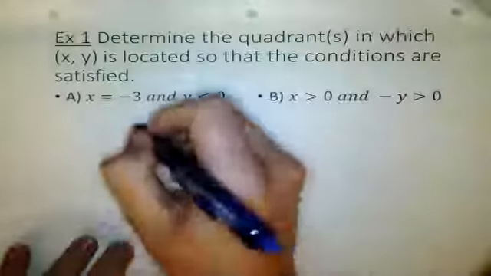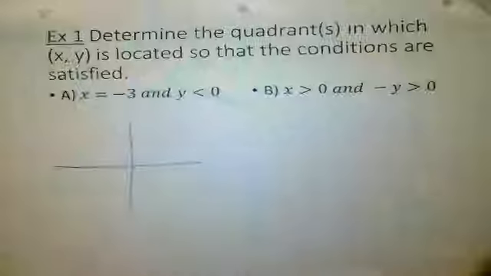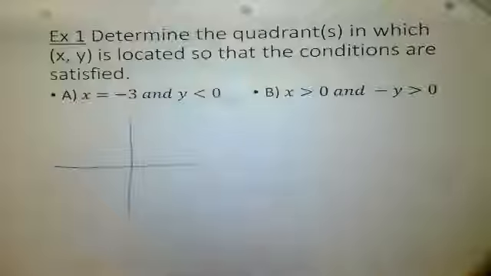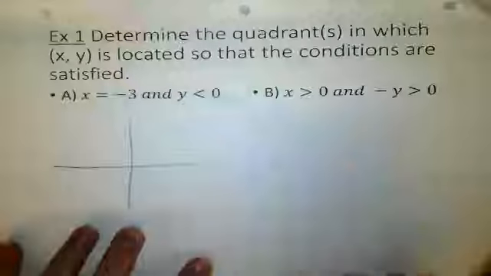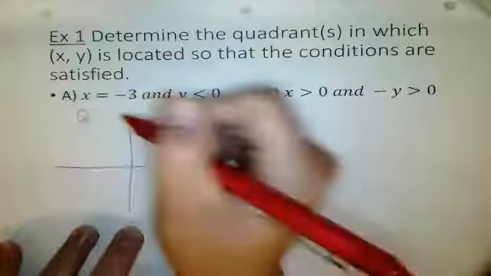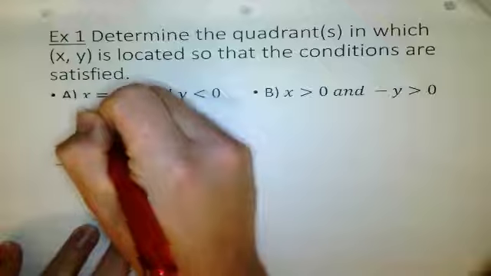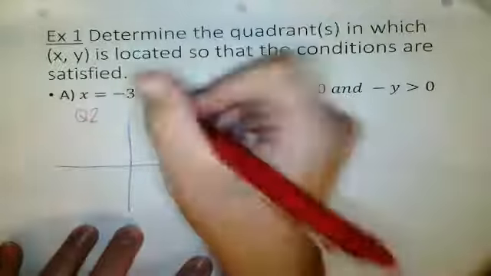What we're trying to figure out is where this point is located. It's a very generic point. So first of all, really quickly, let's review. What is this quadrant's name? Upper left, quadrant 2. Where's quadrant 1?